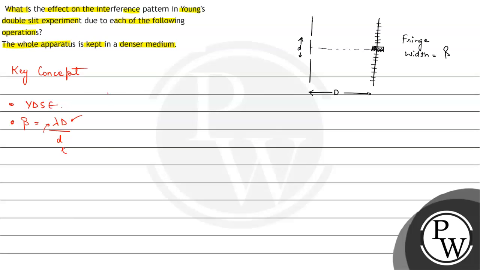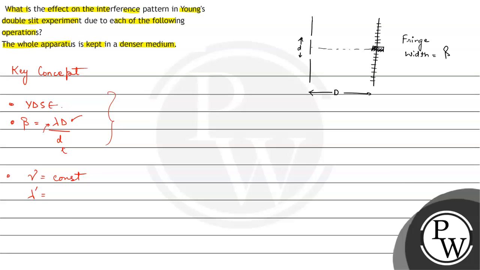Keeping these two key concepts in mind, the next key concept is that whenever we put an entire apparatus into a denser medium, or whenever light enters a denser medium, its wavelength decreases. Frequency cannot increase or decrease, so frequency remains constant, and the wavelength decreases.